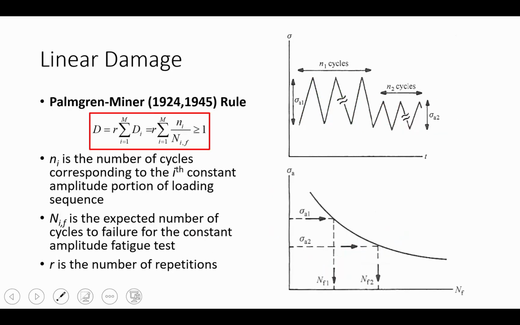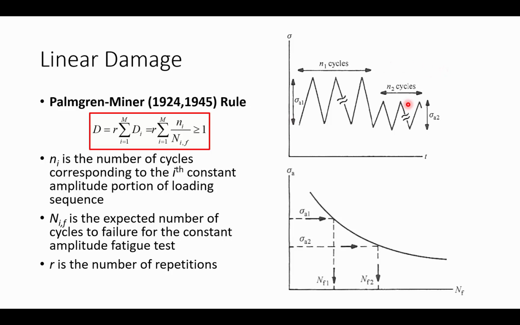The linear damage approach, called the Palmgren-Miner rule, is the classic approach. This is something we see in all areas, not just in fatigue, but in other areas where damage is tracked. The equation states that damage is equal to the sum of the damages at i, where i is the constant amplitude portion we're looking at. So i is this first block and block 1 and block 2, right?